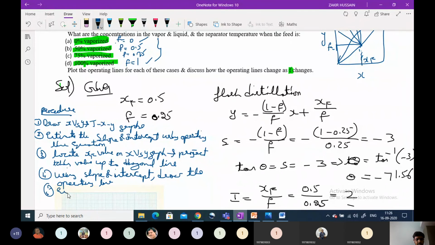Then last is to estimate the x, y, t values wherever the operating line touches the curves. Okay, this is the procedure.